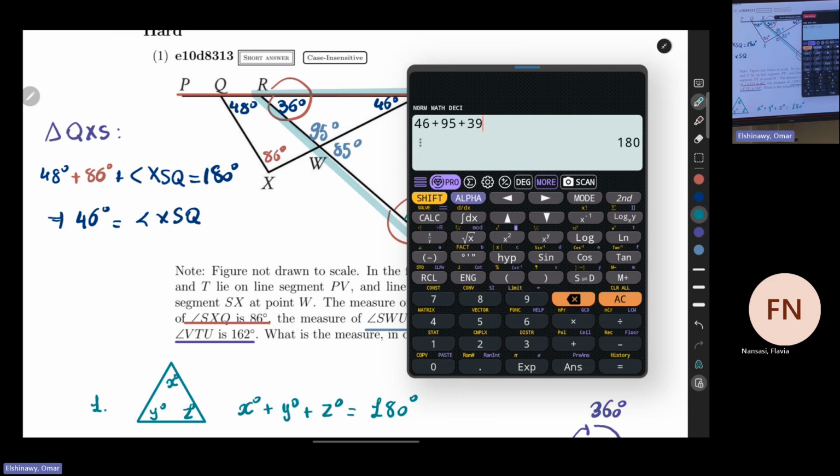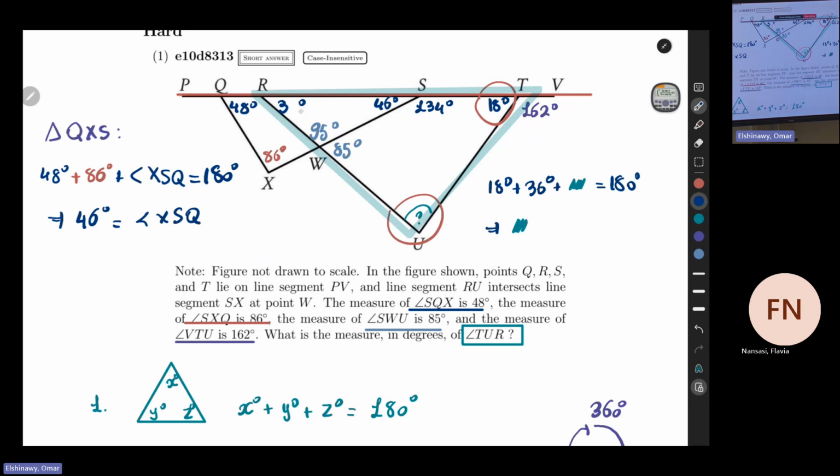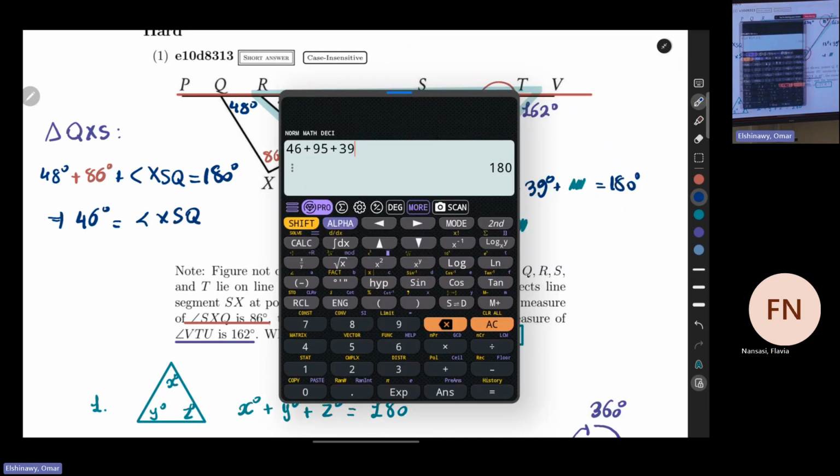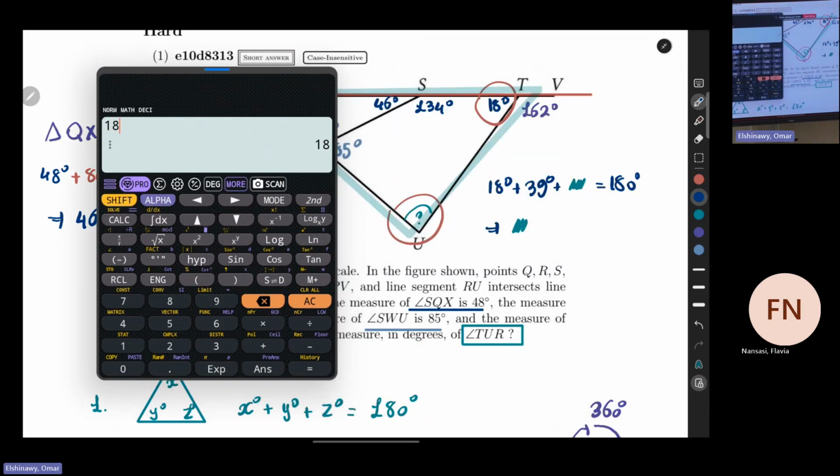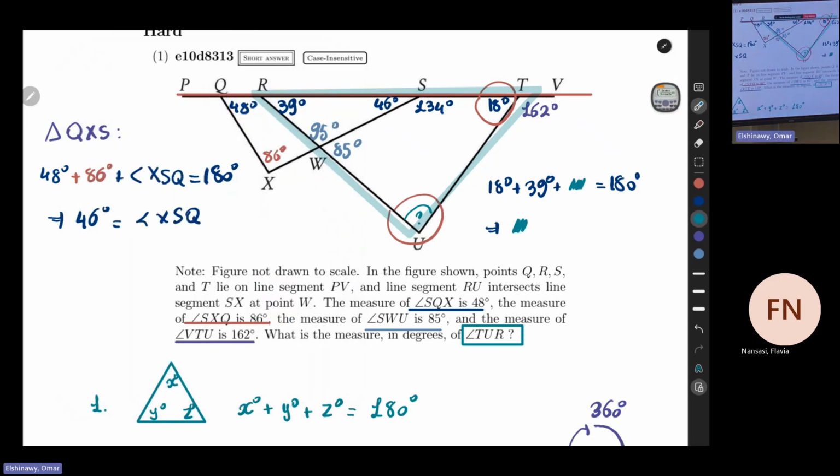No. So maybe it's 39. Yeah, so this is probably 39 degrees. Okay, that's fine. The computation is not that important, I think the more important thing is the idea. So this is true. Then our green angle should be equal to 180 minus 39 minus 18, which is 123.